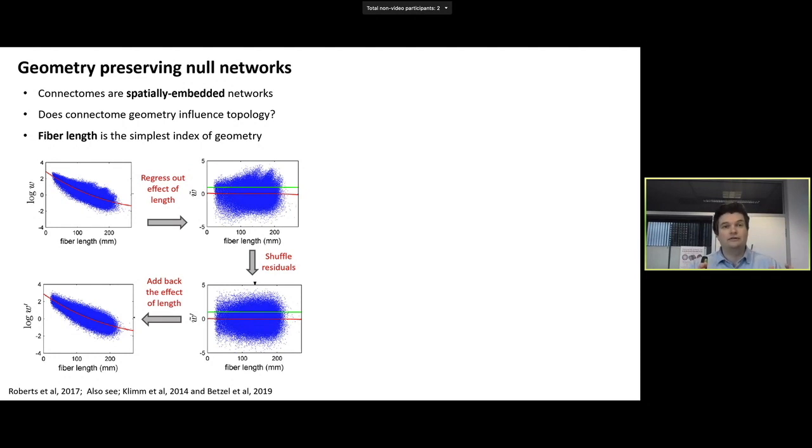Geometry is contextualized in terms of fiber length, the physical distance between pairs of regions. And the first step is to regress out this fiber length. We then shuffle the connections and then add the geometry back into the shuffled connections. And this generates a realization, a sample from the null network.